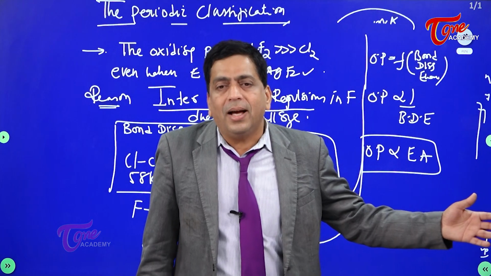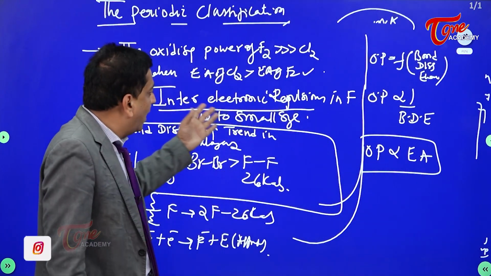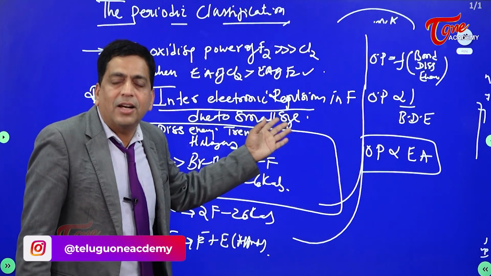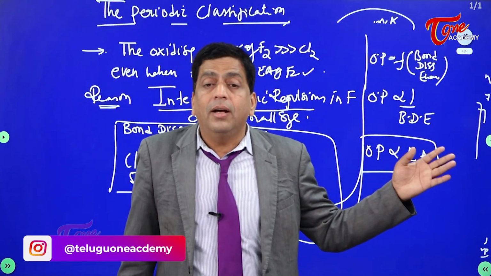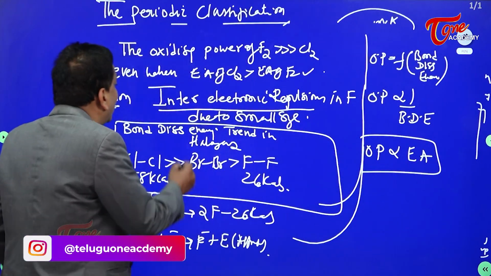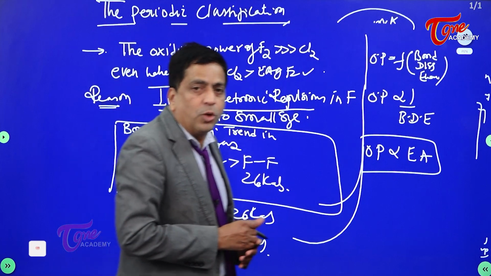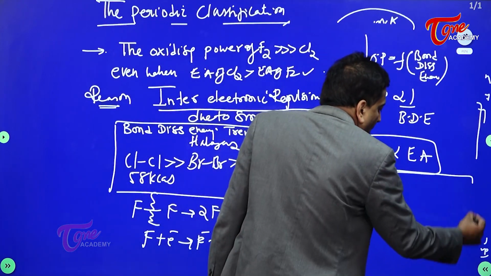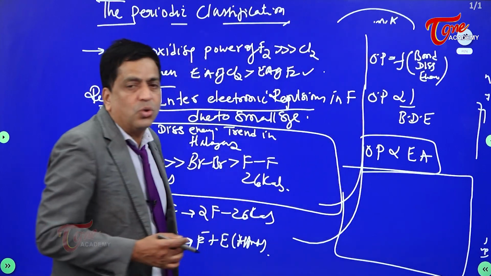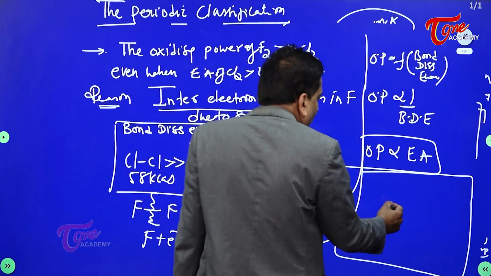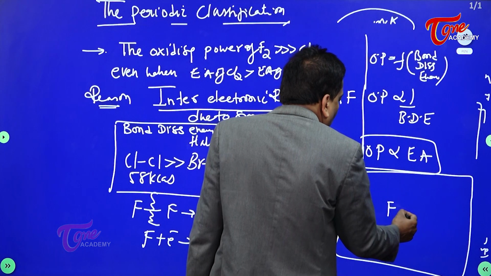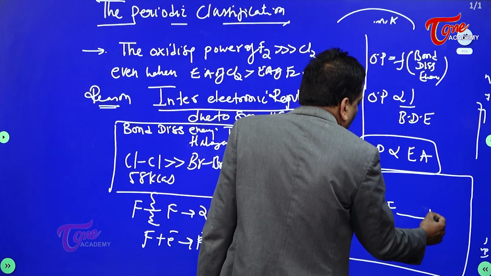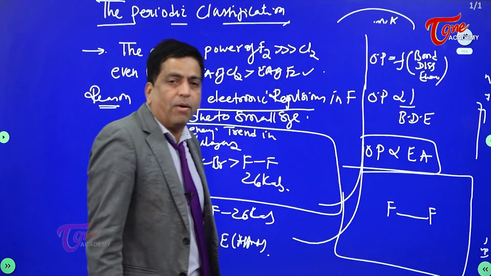And why such a thing happens is because of inter-electronic repulsions. It's not inner, it's inter-electronic repulsions. Now what do you mean by that? If you look into the fluorine atom, this is the fluorine molecule, right?